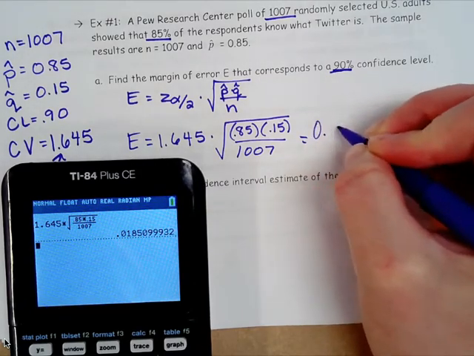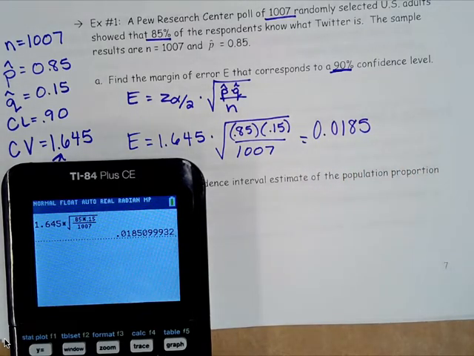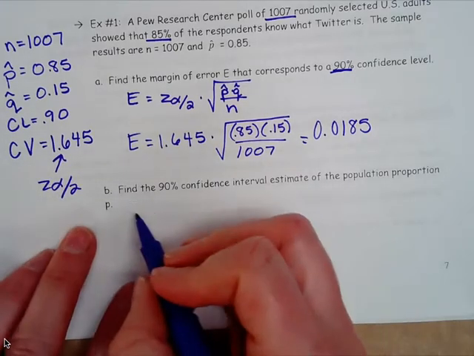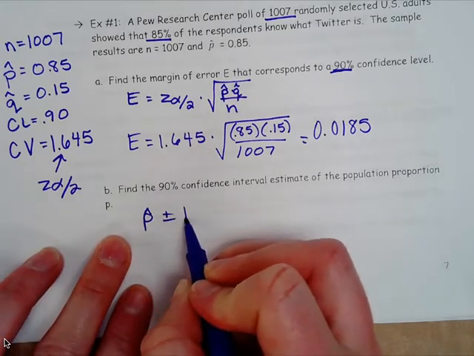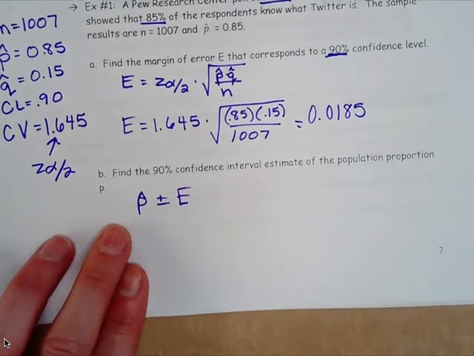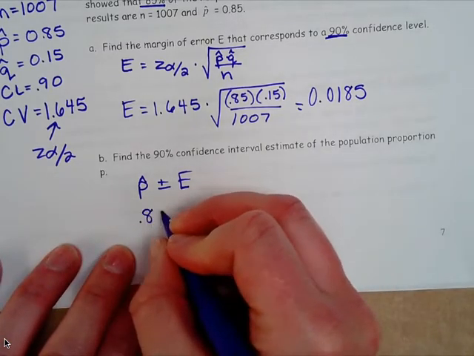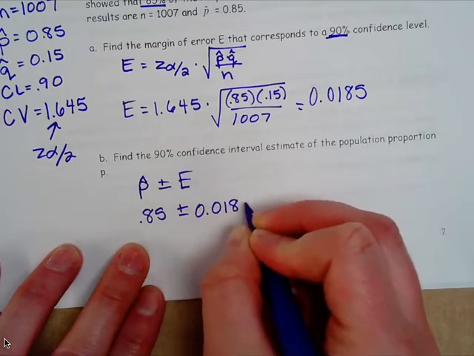So 0.0185. So that is our margin of error. So to get our confidence interval, we are going to do P hat plus and minus our margin of error. And that'll get our two values for our confidence level. So 0.85 plus and minus 0.0185.